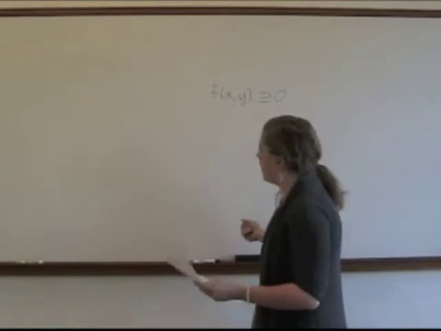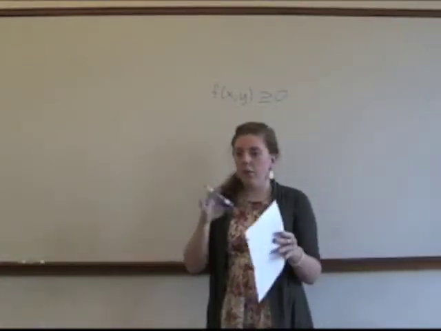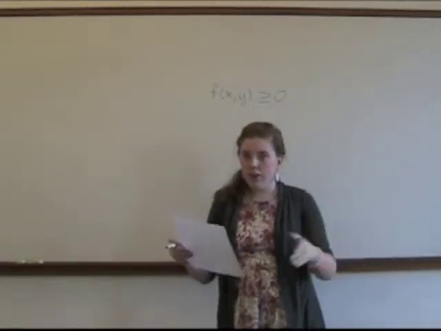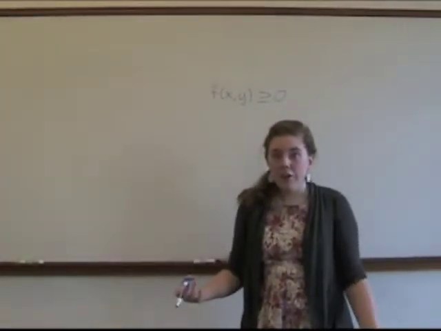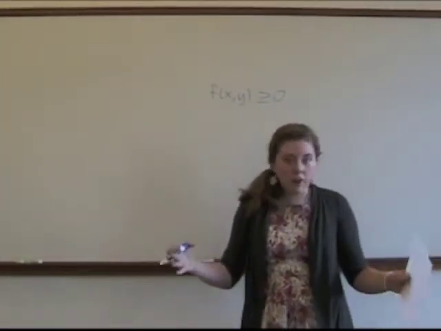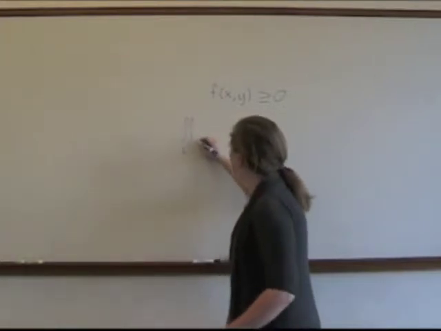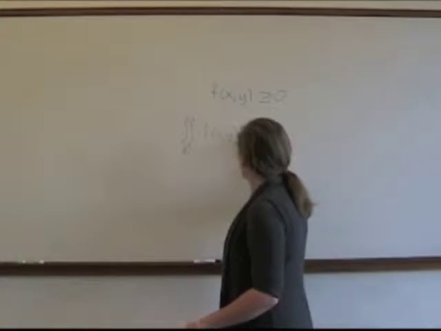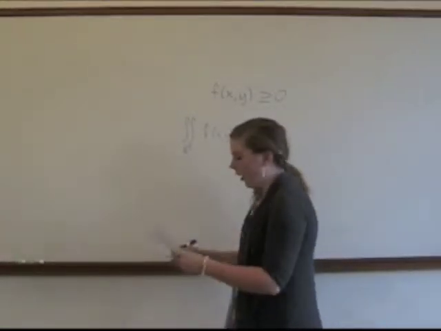And since when we take this integral going from negative infinity to infinity in both directions, it sets a probability, and we know that it's going to go from 0 to 1. The entire integral over R squared is going to be equal to 1.